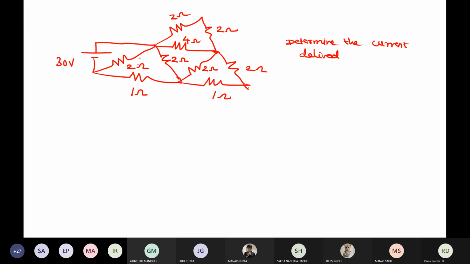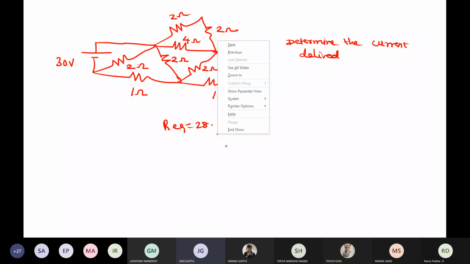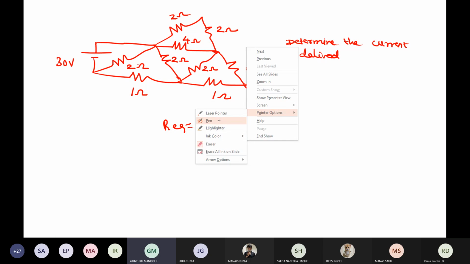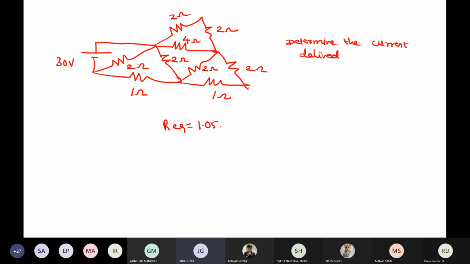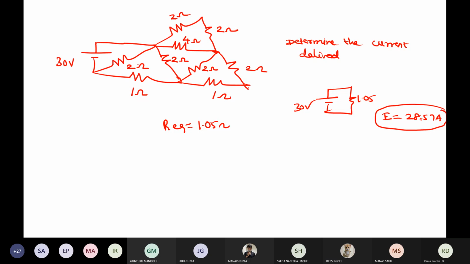So total resistance R equivalent is going to be 1.05 ohms. Current is 30 volts across 1.05, so the current is going to be 28.5 amperes. You can give approximately 29.